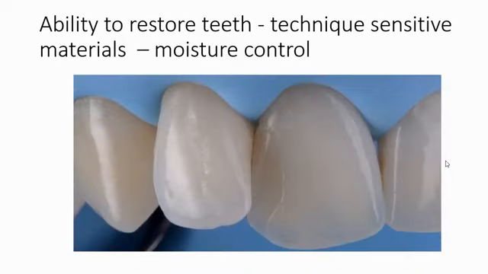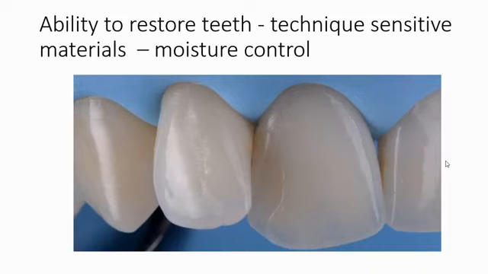Ability to restore the tooth, especially in technique-sensitive procedures like bonding an Emax crown or doing a technique-sensitive procedure with composite. We need good moisture control, not only from the saliva but also from the patient's breathing. When the patient breathes, a lot of moisture can come to the surface being restored, due to which the success or longevity of the procedure may be hampered.